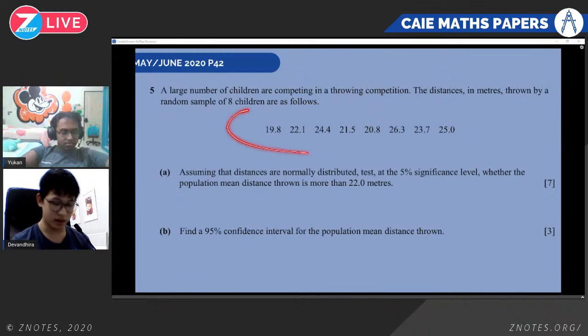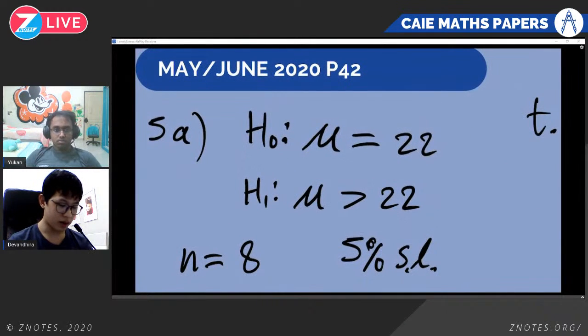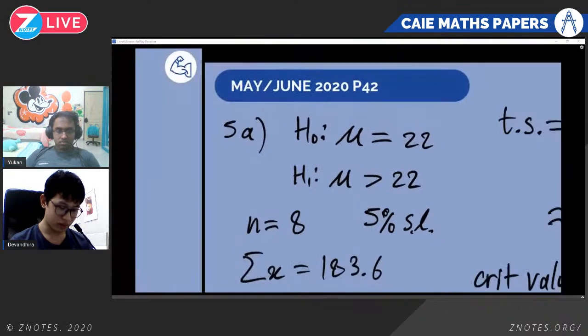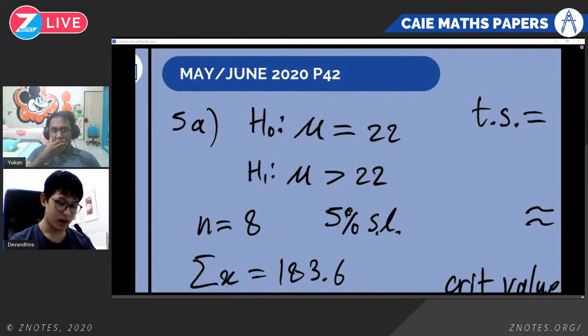In this case, it's 8. So let's write our hypothesis again. Our null hypothesis is that our mean is 22, while our alternative is that it's greater than 22. And remember, it's a 5% significance level. Because it's just greater, this is just a one-tailed test.